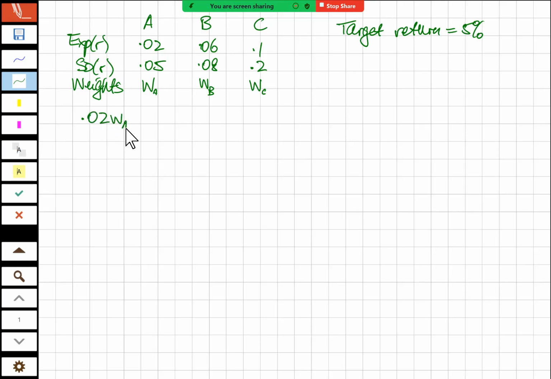Using the target return, the first thing we can say is that if we combine the returns according to the weights, which we have yet to calculate, then we will obtain our target return.